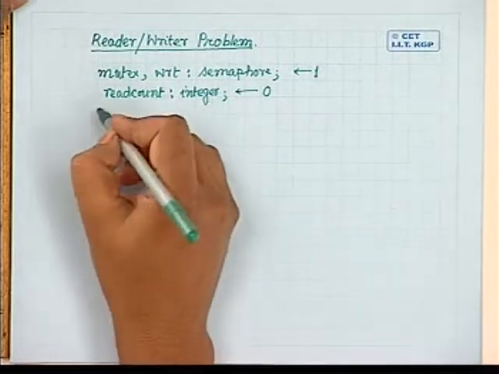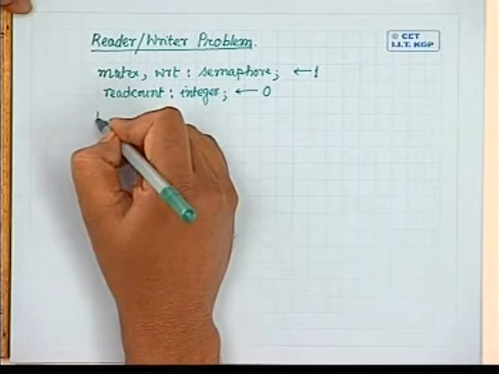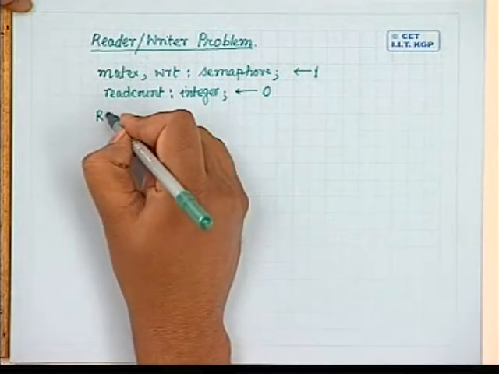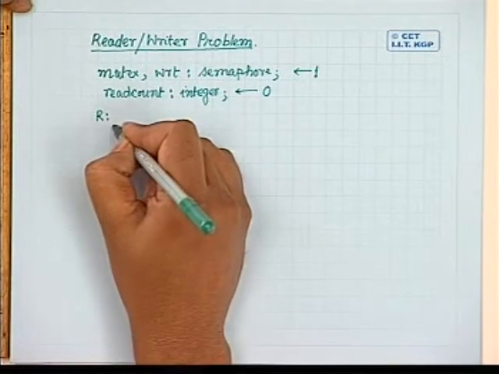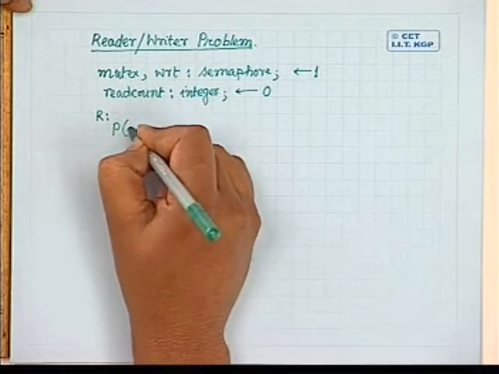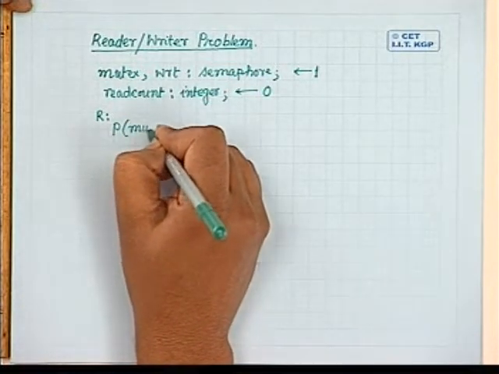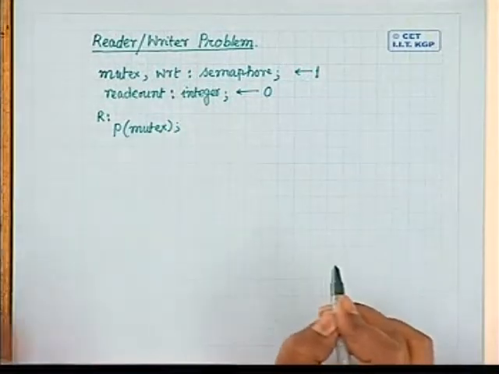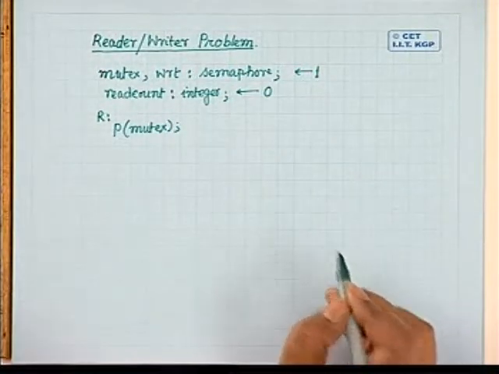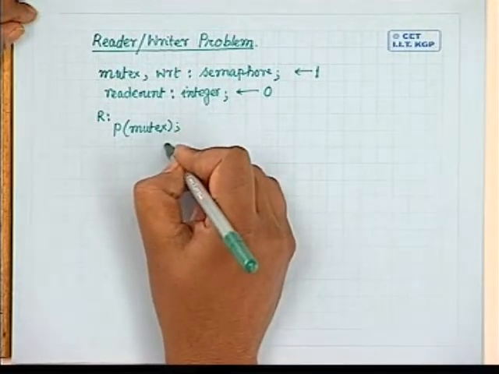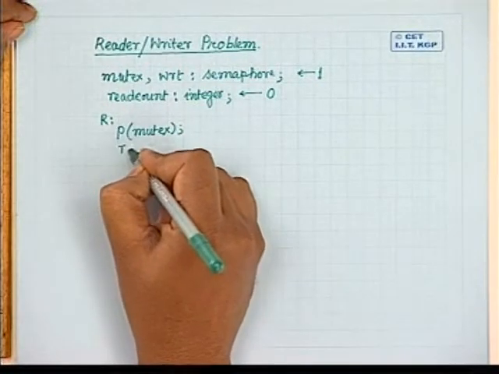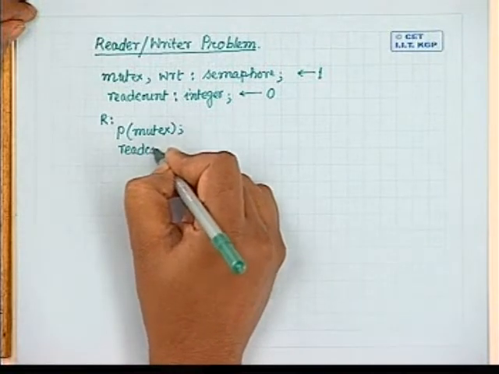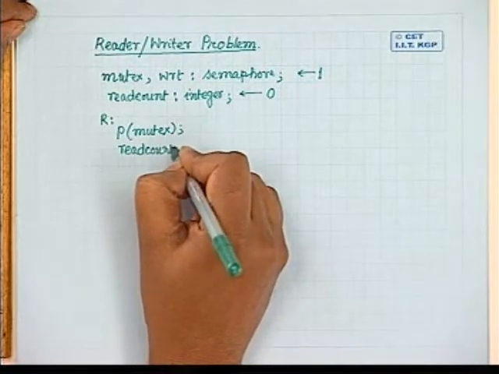So after this, we can write the codes for the reader process and the writer process like this. For the reader process, first we perform the P mutex operation. After that, you increment the read count by 1.